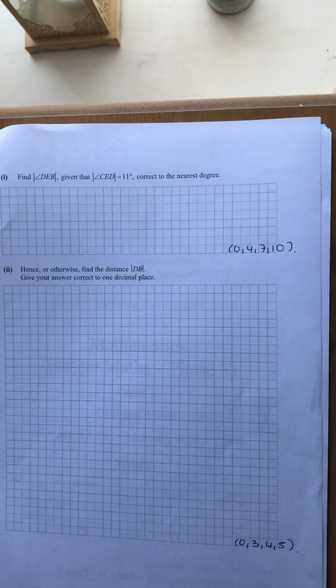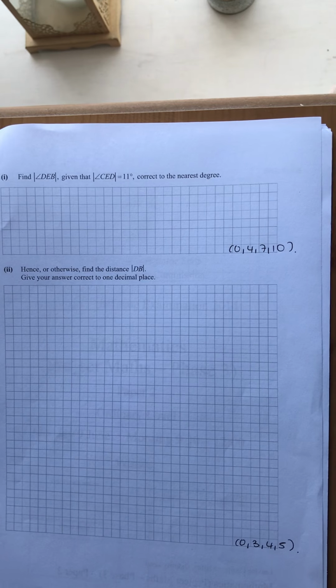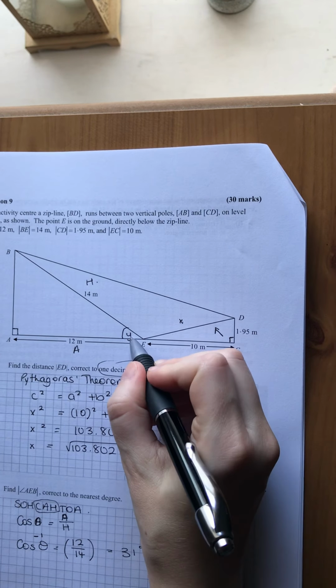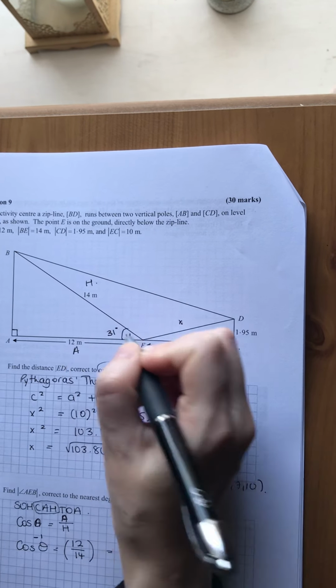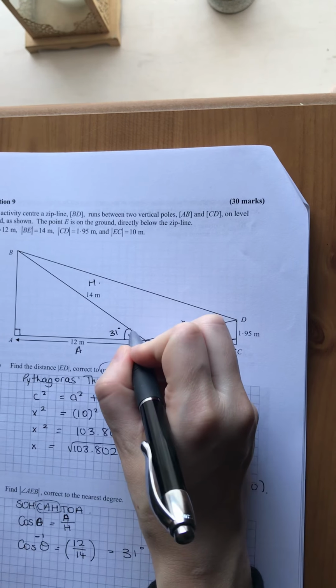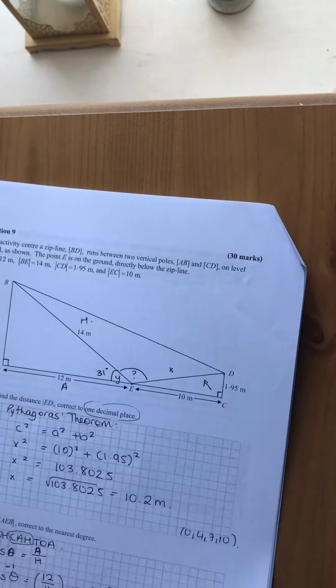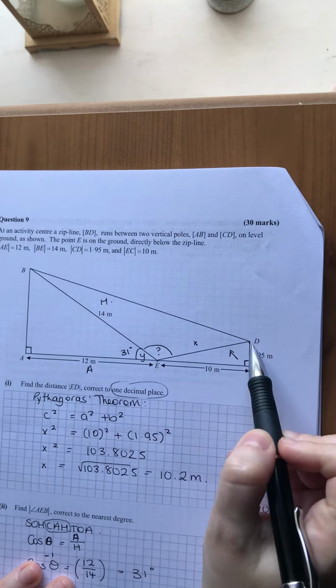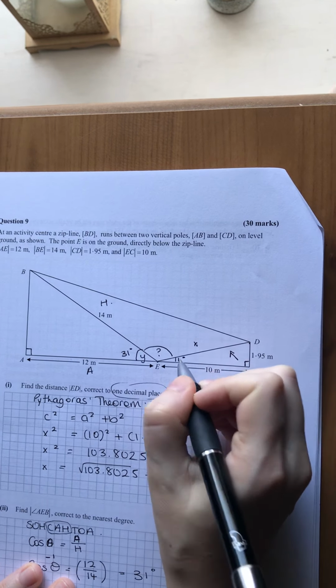For part B then, find the angle DEB. So you know that this one here now is 31, and they're asking me to find this one here, given that CED is 11.